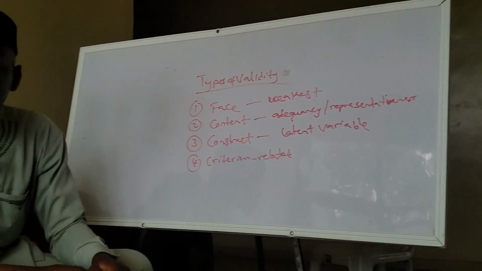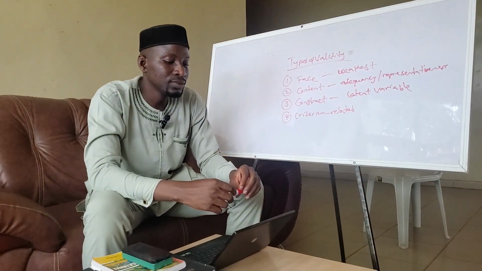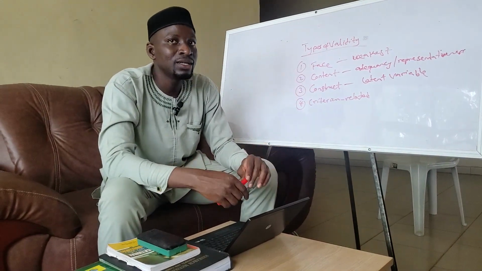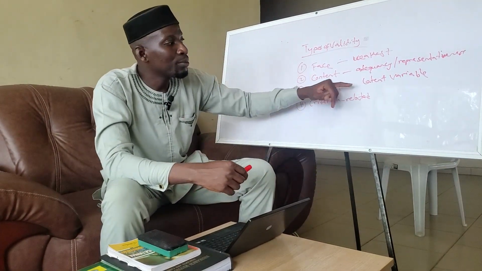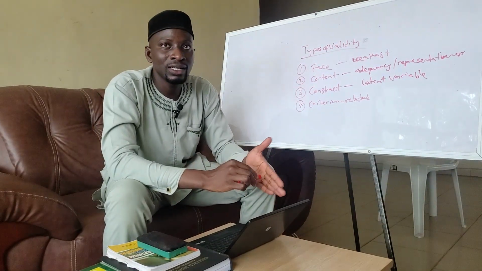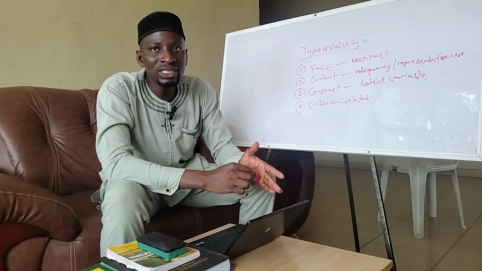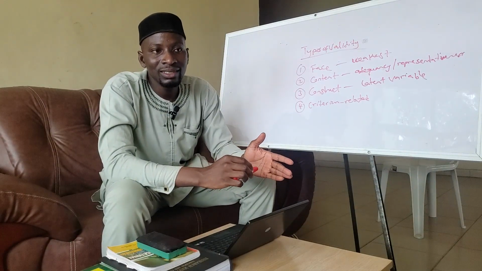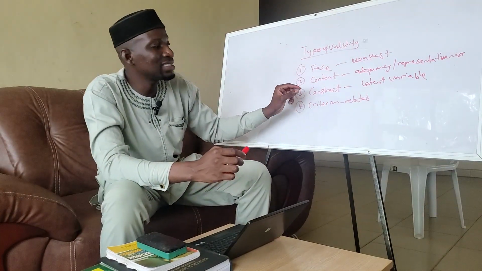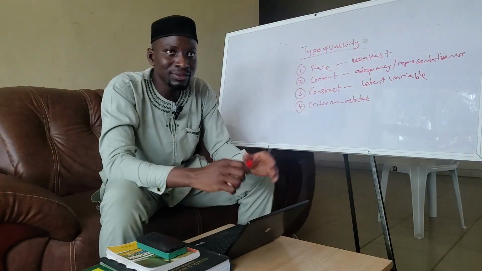Let me cite an example. Computer-based test that is used by certain examination bodies, even in Nigeria. In that computer-based test, proficiency in the use of computer is a construct that is recessive, but it can destroy even the main construct.